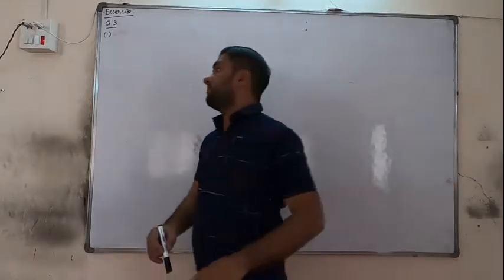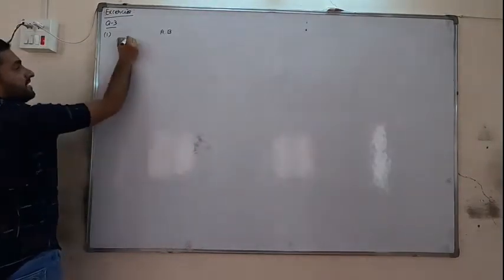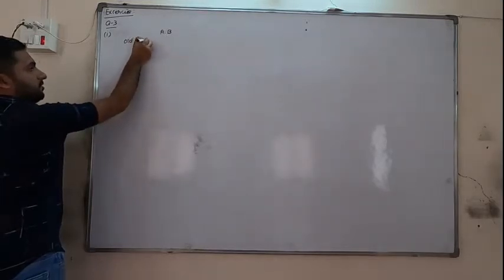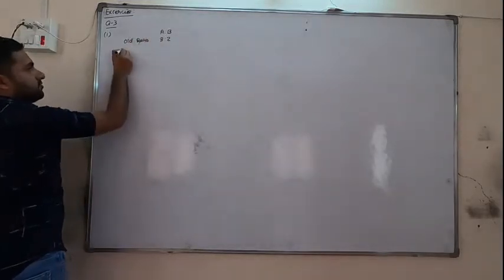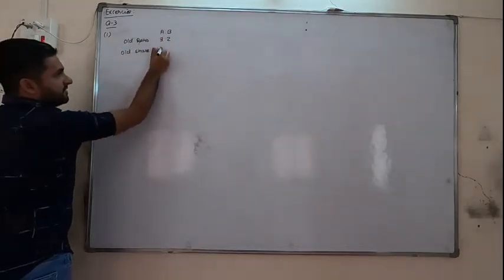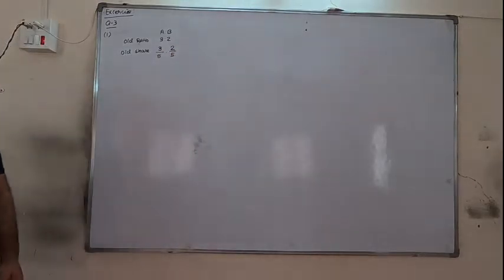So first we will write the information. We will leave some space and we will write A is to B, old ratio 3:2. So we will find the old shares. A's share is 3, total is 3 plus 2, 5. B's share is 2, total is 3 plus 2, 5.